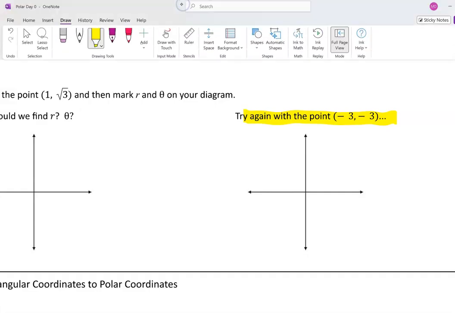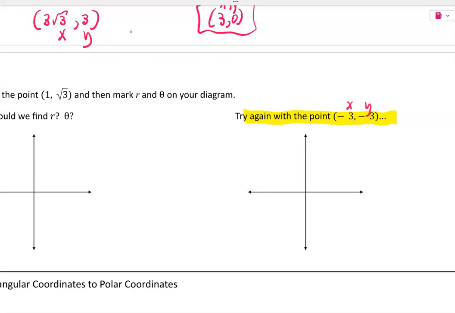See, this right here is your x and your y. And they want us to find r comma theta. See, now we're going to go backwards. So you'll think, wow, okay. From what we were doing before, that is in the reverse.